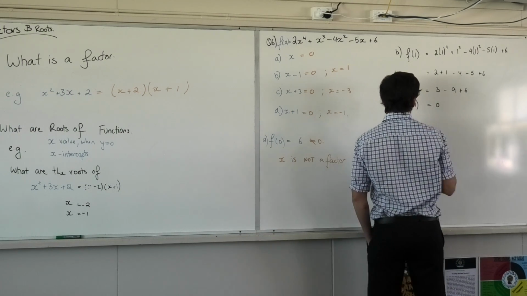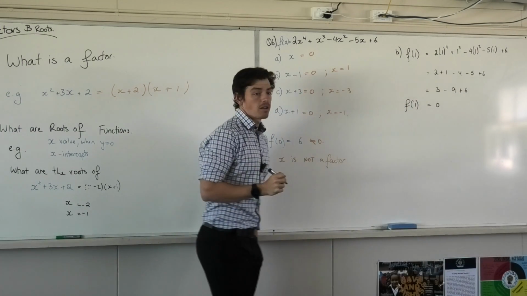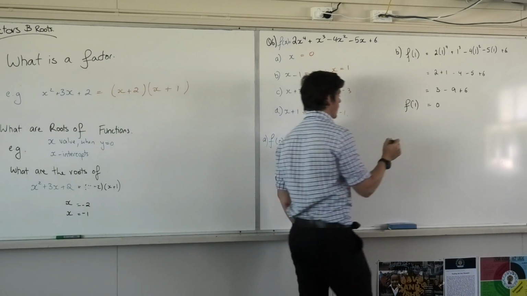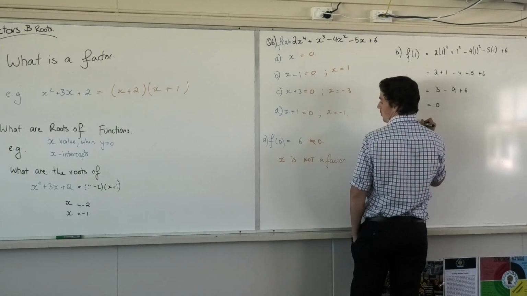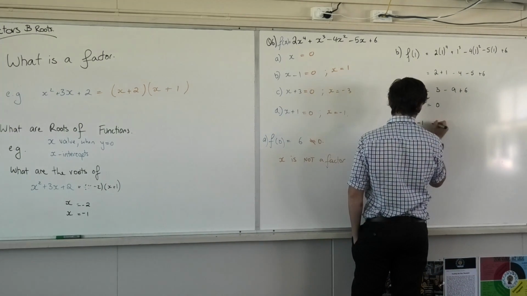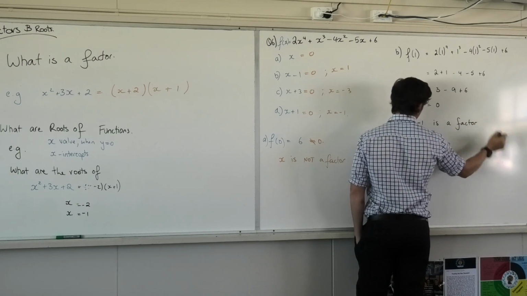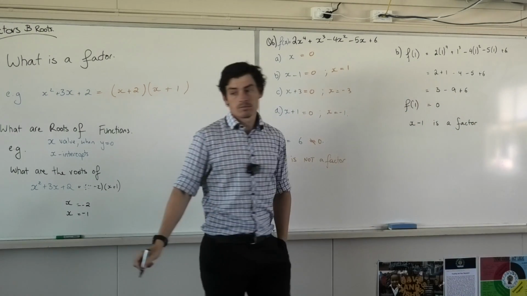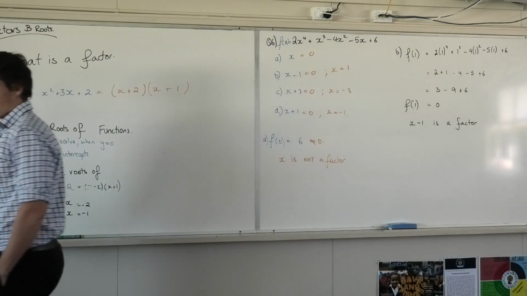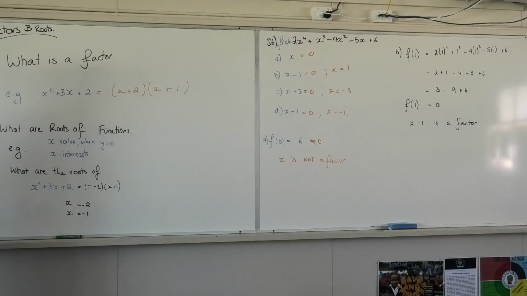f(1) equals 0. What does that mean? x minus 1 is a factor. What am I going to do now? What do you think I want you to do now?